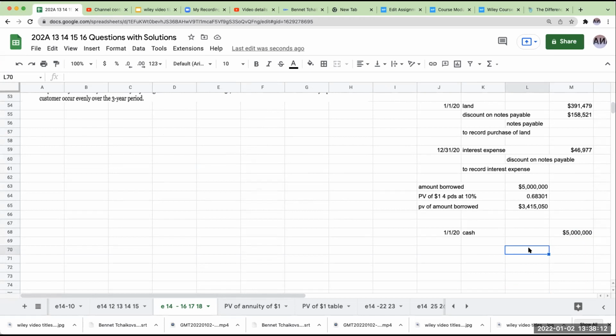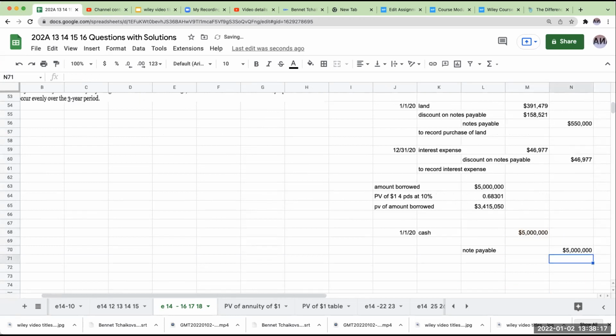That means my note payable is also going to be 5 million. Now, I also have to show the present value of the amount borrowed. Oh, this is interesting. Just give me a moment. I've got to go look at the solutions.